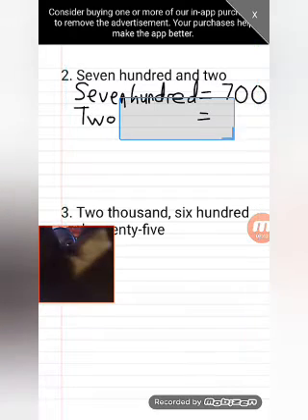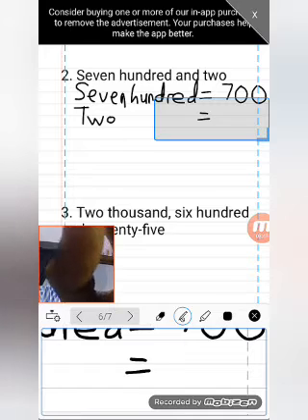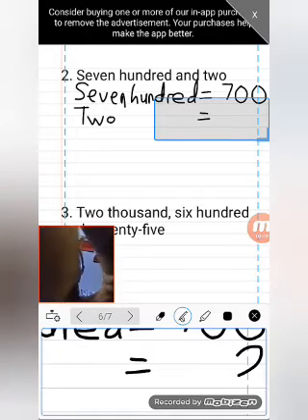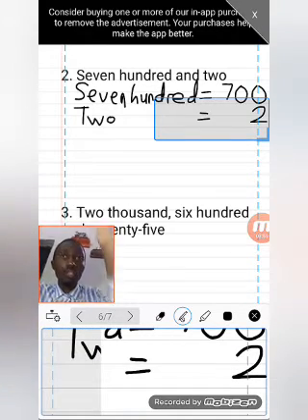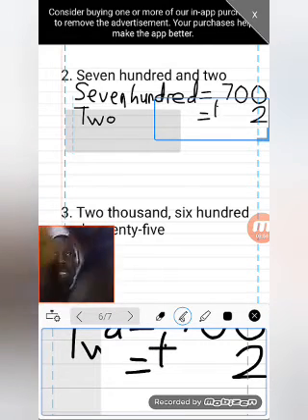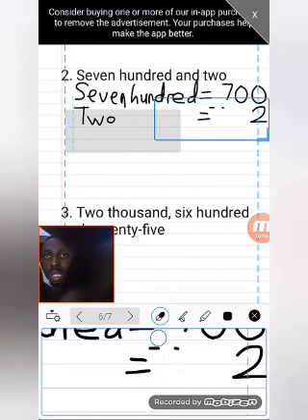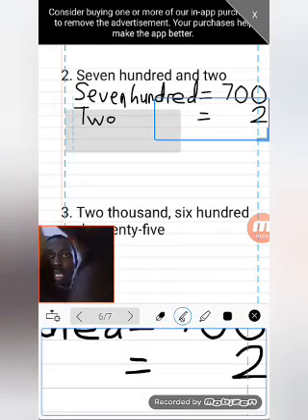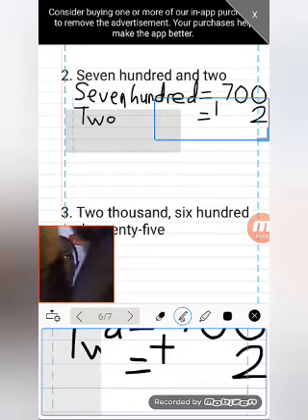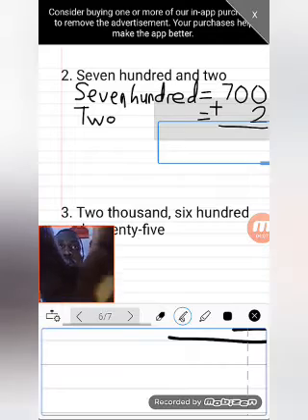2 is going to be simply written under here. Remember, it's a unit, so we just write it at the end here, which is the first place value there. So we add together. Okay, let's write this properly. So we add it together, then we simply get it.